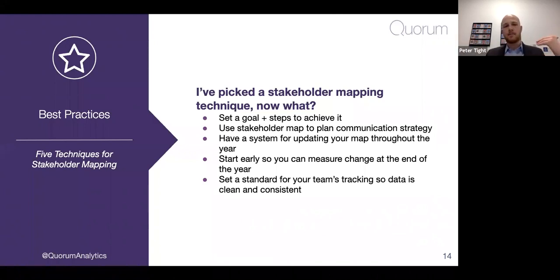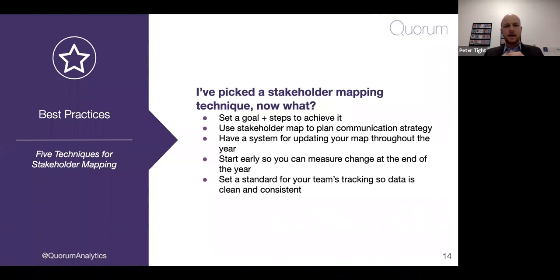Was it going to conferences? Was it hosting events? Was it in-person meetings, or having folks visit your facilities or your organization? These are all sorts of things that you're going to be able to do once you've committed to mapping this data in Quorum.